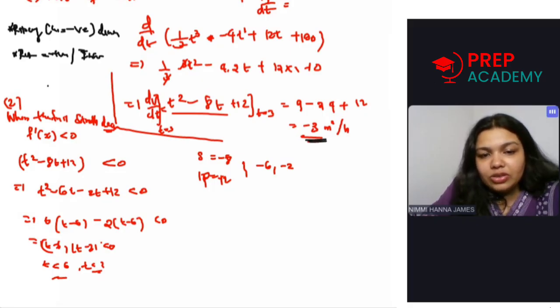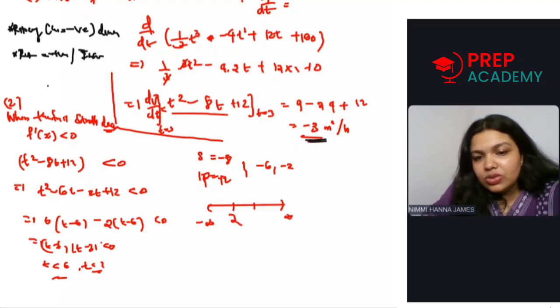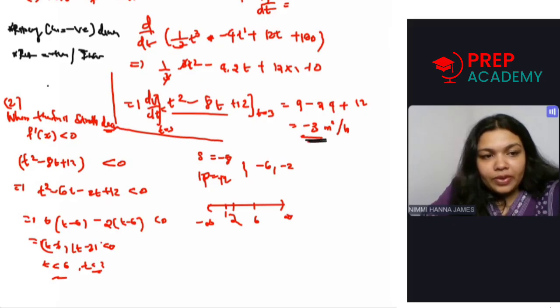So we have 2 points here. This is minus infinity, infinity, and 2, 6 is marked there. We want to find in which of these intervals the function is strictly increasing or strictly decreasing. If I take any value from minus infinity to 2, I can take 1. I'm just taking 1 and substituting in this first derivative.